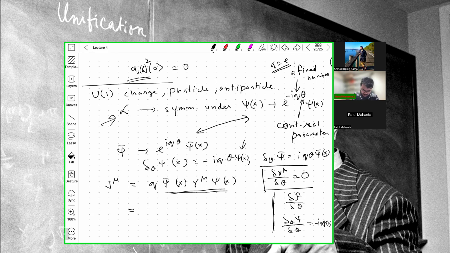It turns out that the Noether current is this, and the Noether charge, which will be conserved, Q, is J0 integrated over the spatial direction, d3x. And what is J0?